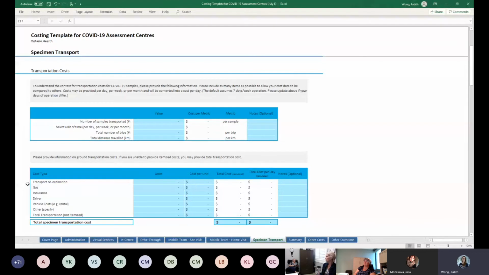Similarly to the mobile team transportation costs, you can give us either itemized costs if you have them, or you can give us total transportation costs not itemized. And this can be reported to us either per day, per week, or per month, however you normally would be billed for that. And it will calculate it as a cost per day based on the units that you've entered.